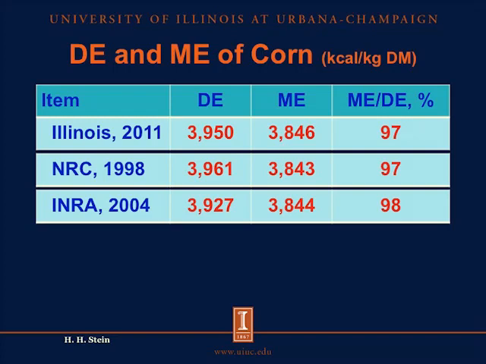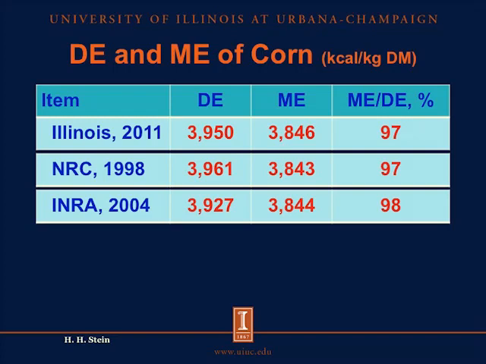And if you divide those two numbers, then you'll get an ME to DE ratio of 97%. Those values are very close to the values that have been published by NRC in 1998 at 3,961 kilocalories per kilogram dry matter and 3,843 kilocalories per kilogram dry matter, respectively. And NRC also reports an ME to DE ratio of 97%.